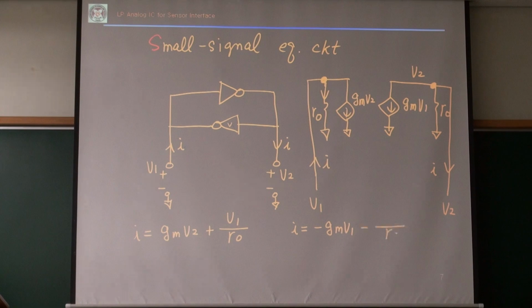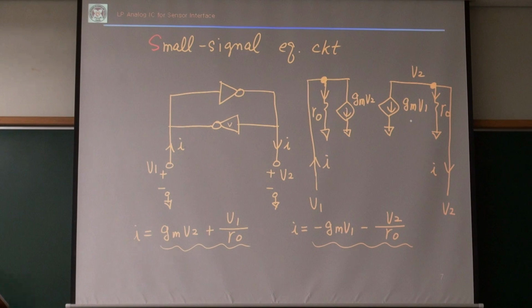They should be the same because of KCL. This equation must equal that equation, so we can find the relation between V1 and V2. I is going in, so this current flows in V2, gmV1.